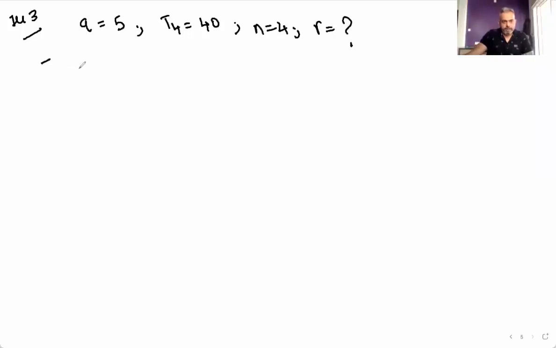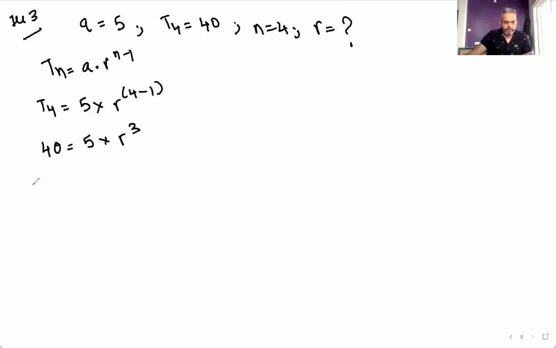So Tn is equal to A into R raised to N minus 1. Now T4 is equal to A is 5 into R raised to N is 4 minus 1. So T4 is 40, which is equal to 5 into R raised to 3.